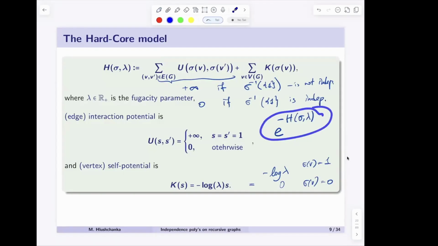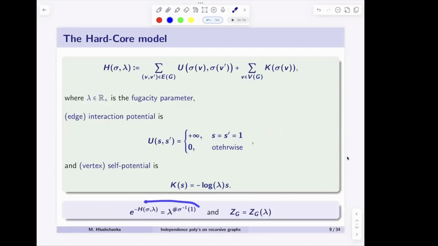So this weight is 0 if you have chosen some non-independent vertex set, and otherwise the weight of a chosen configuration is just given by this monomial. And that's why the partition function for the hardcore model is exactly the independence polynomial. So you sum up over all these monomials.